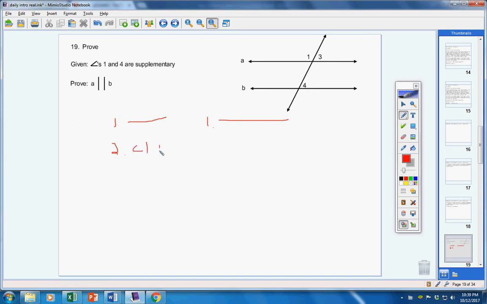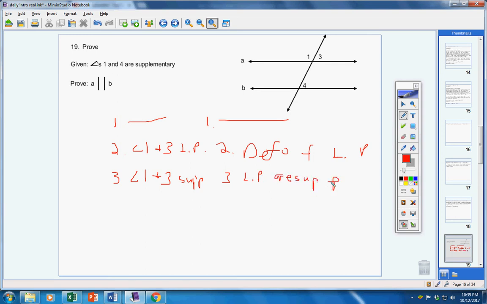You can say angles 1 and 3 are a linear pair, right? Definition of linear pair. Now, once you state that they're a linear pair, we learned a theorem, corollary, something that said linear pairs are supplementary. So I can say angle 1 and 3 are supplementary. And the reason would be linear pairs are supplementary.